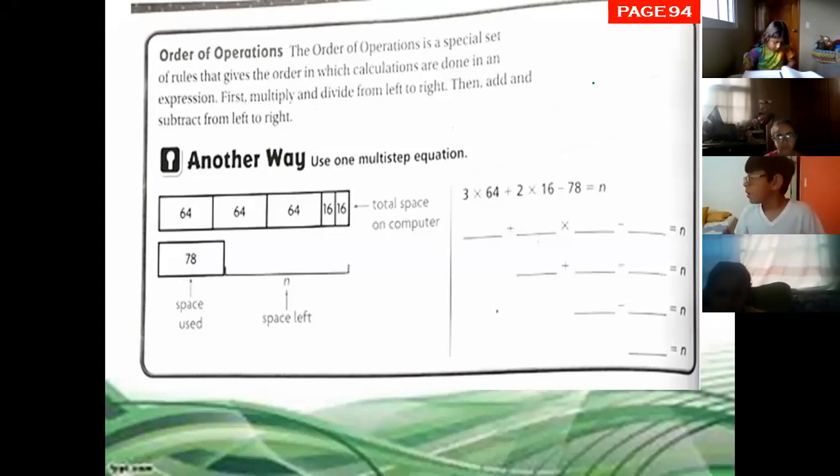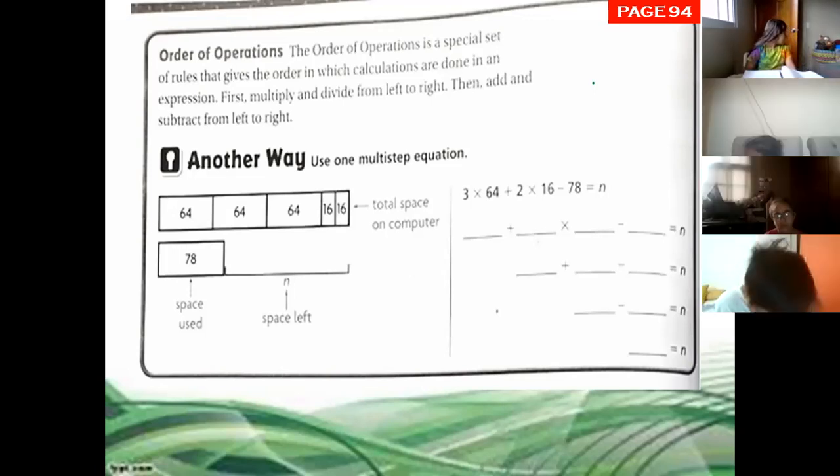The order of operations is a special set of rules that give the order in which calculations are done in an expression. First multiply and divide from left to right. Then add and subtract from left to right.